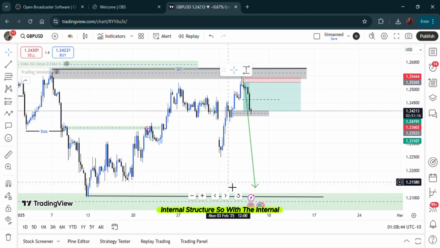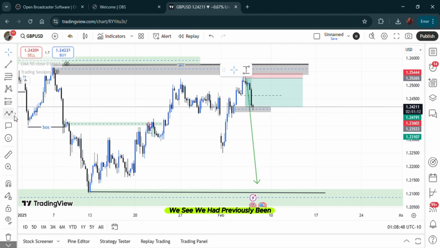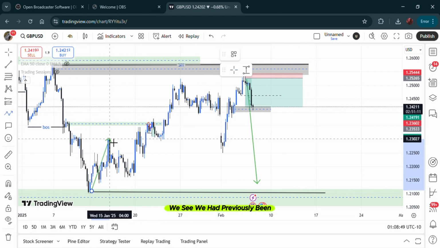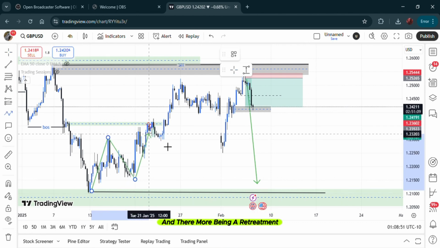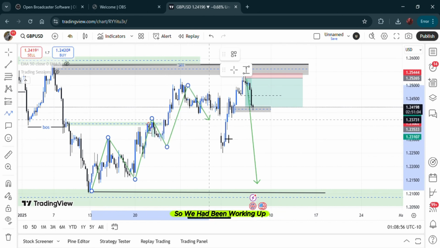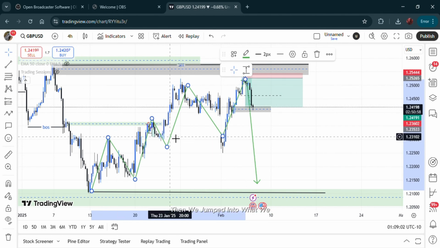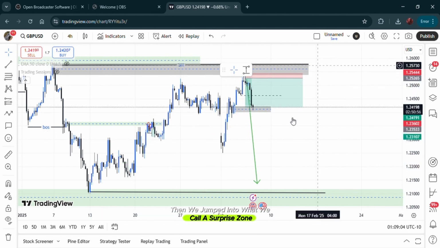So with the internal structure here, see we had previously been going up and then moving a retracement. So we had been up, then we jumped into what we call a supply zone.